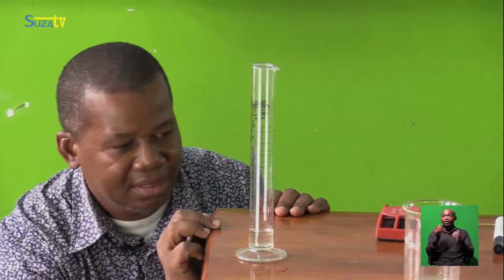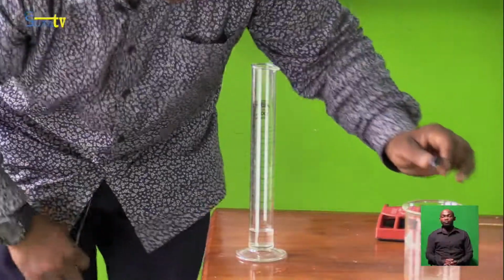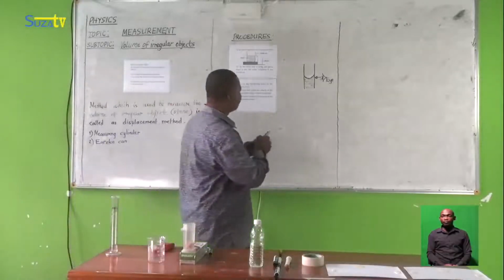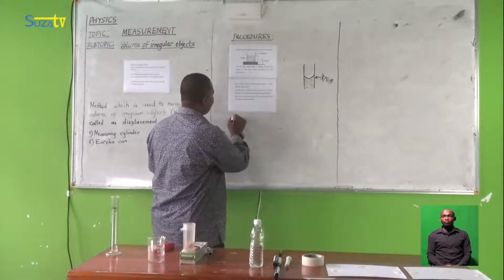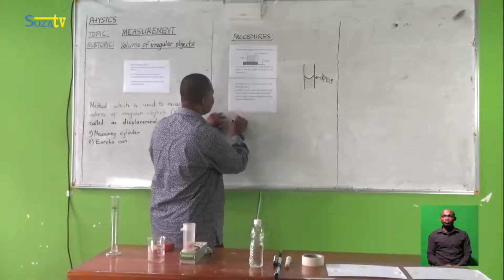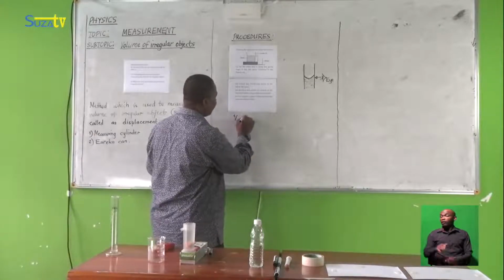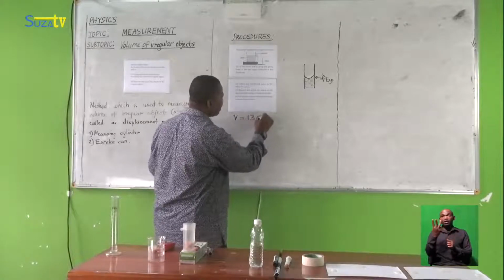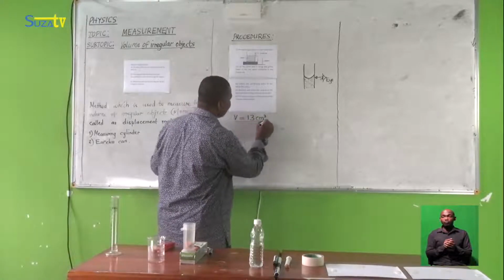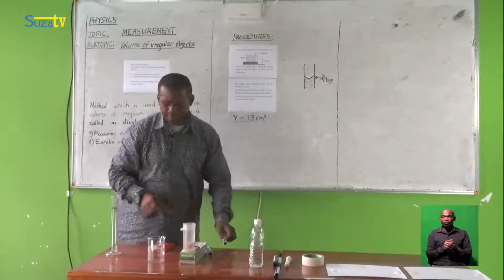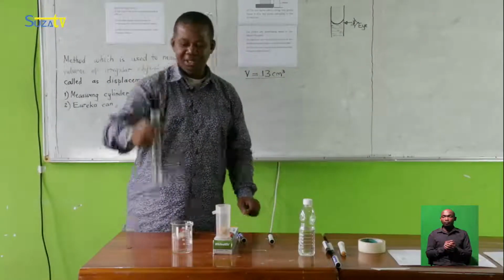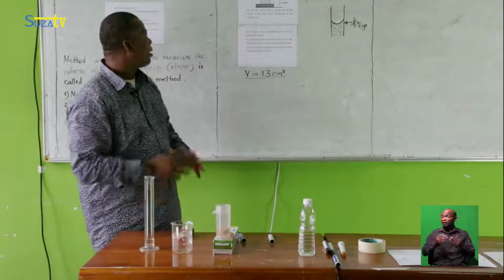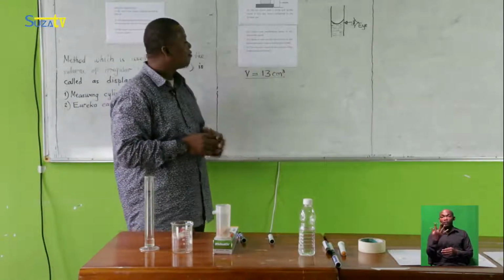Now it is 13. The volume is equal to 13 centimeter cube. The volume is 13 centimeter cube from the measuring cylinder. Then the last procedure, number 5.